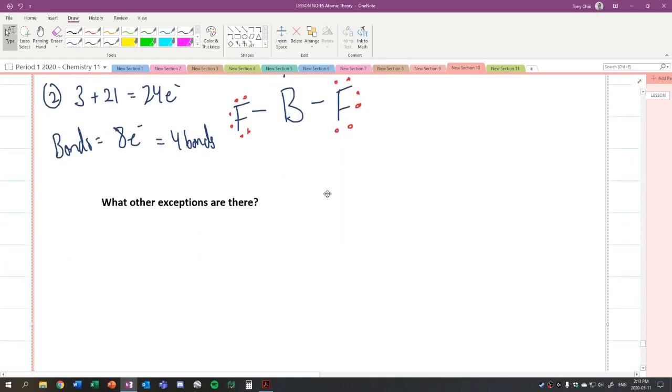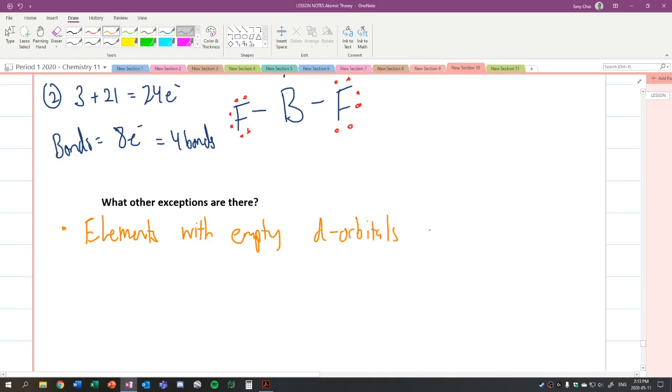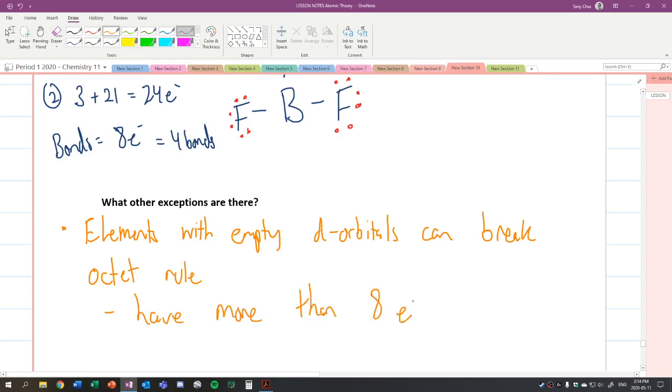Another exception: elements with empty d orbitals can break the octet rule. What that means is they can have more than 8 electrons.